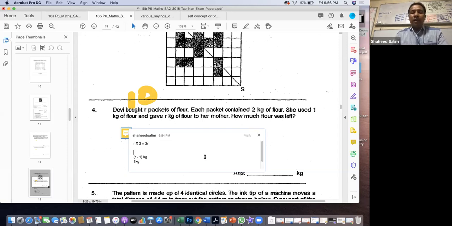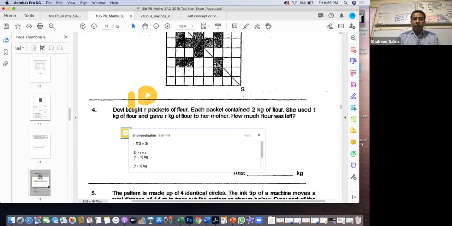So let's minus 2R, minus the amount given to the mother, R. What do we get? 2R minus R is R. So the balance is now R. Remember, she used 1 kg, so minus the 1 kg. So you get R minus 1 kg. This is the answer. So Zahira's answer is correct, and Sophia's answer is correct.